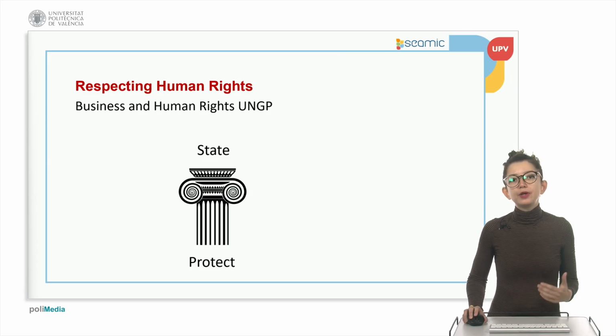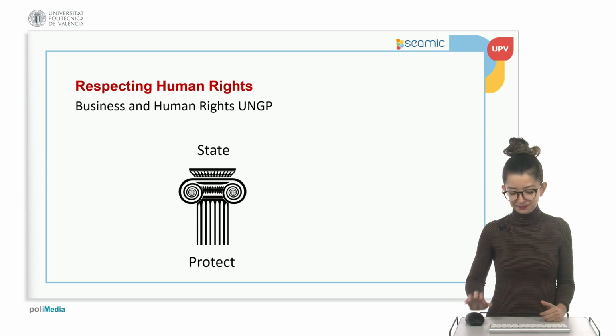Promote respect for human rights by companies in conflict zones. In this sense, collaborate with the companies to determine, prevent, and mitigate the risk of their activities. And also, states must guarantee political coherence. That is, ensure that their own institutions comply with human rights.